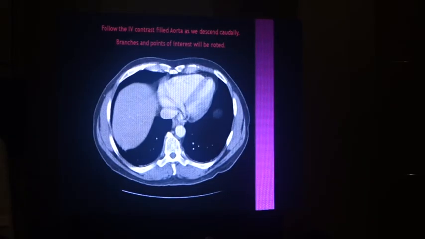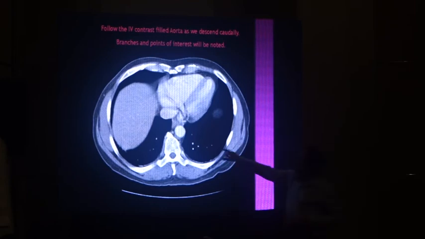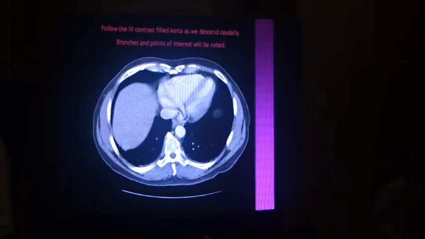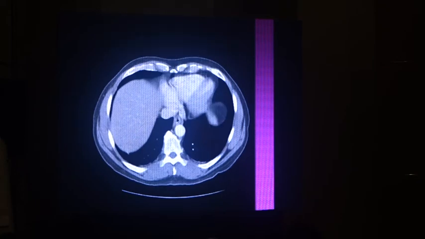So this is again the transverse or axial view. What is this? Pointer. Yes, what is this? Aorta. Next, what is this? Just identify the organ.